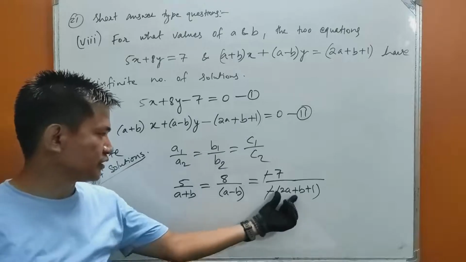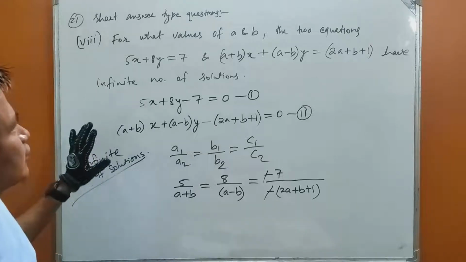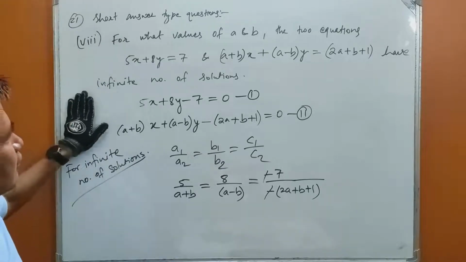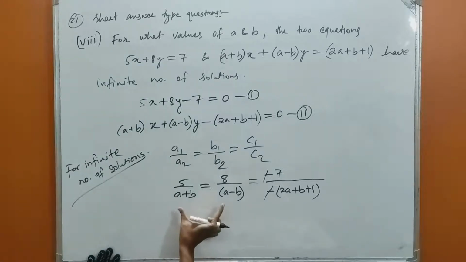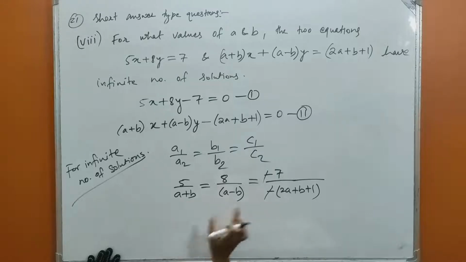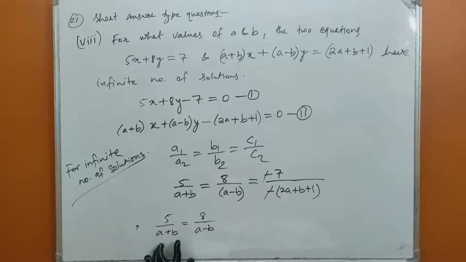Now, since this equals this and this equals this, let me do here first. Let us first equate these two, and then after that the other two: 5 upon a plus b equals 8 upon a minus b.